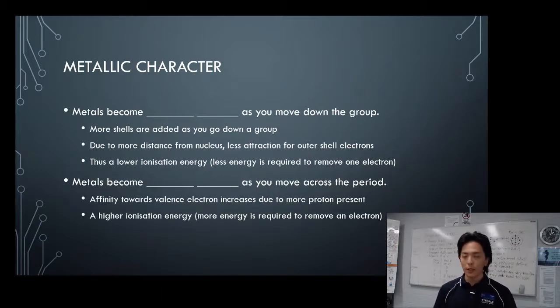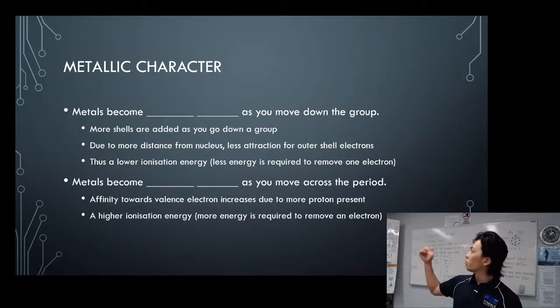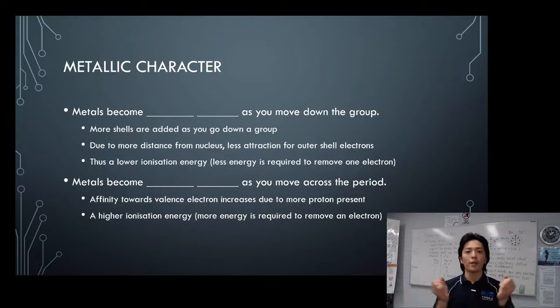So lithium, beryllium to sodium, magnesium to aluminum, you would observe that protons are increasing from 11, 12 to 13. The more protons there are, the more pull the nucleus will have. So if you go across, affinity towards electrons will increase, therefore a higher ionization energy is required for you to remove an electron out of it.